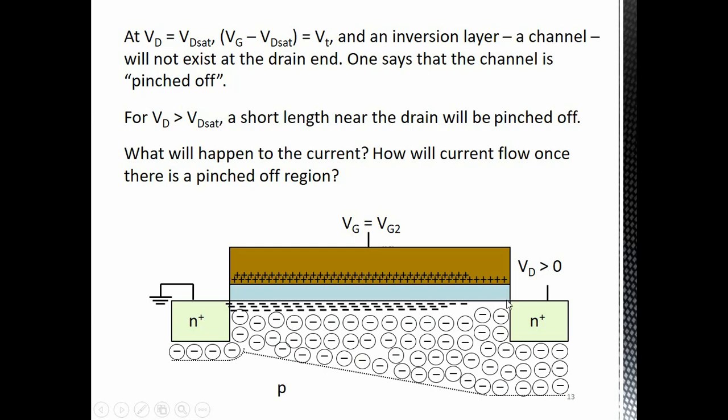If it is lesser, then we say in the approximate model that the channel has stopped existing, and we say there is a region here that is pinched off. The term that is used is a pinch off region.